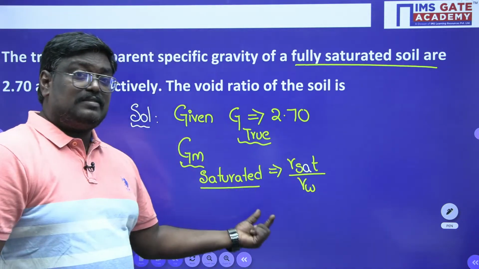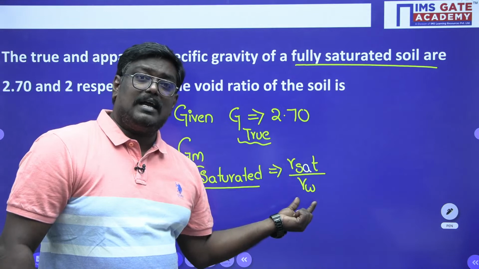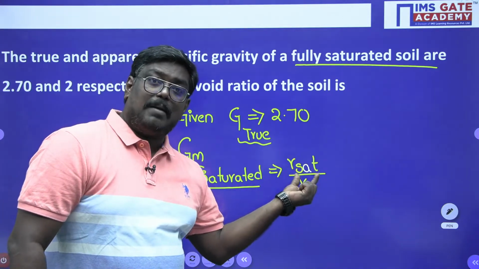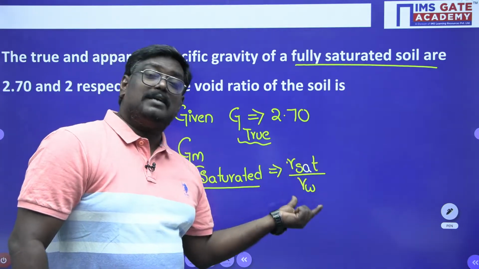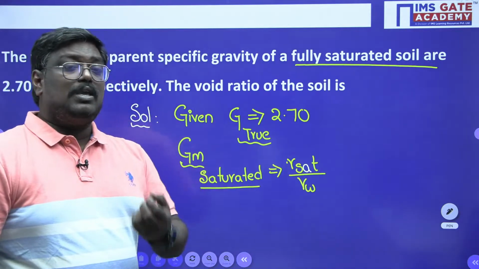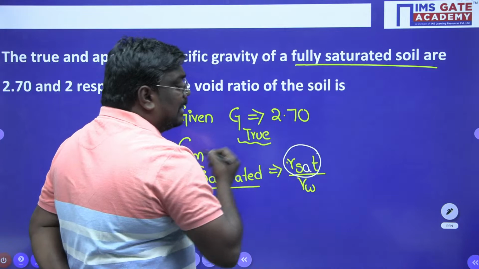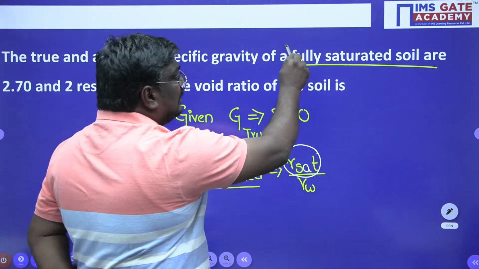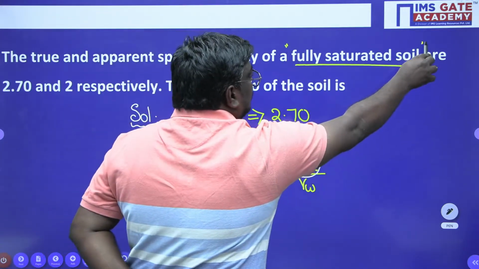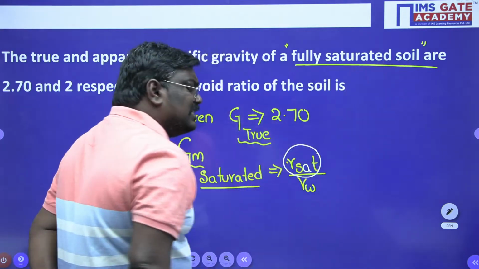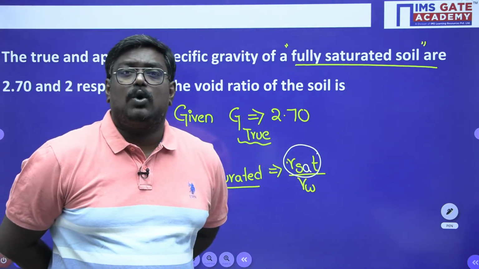See students, it can be gamma D by gamma W, or gamma upon gamma W, or gamma sat by gamma W. Now you can ask me why I have chosen gamma sat by gamma W. Because in the question, he has clearly mentioned that it is a fully saturated soil sample.